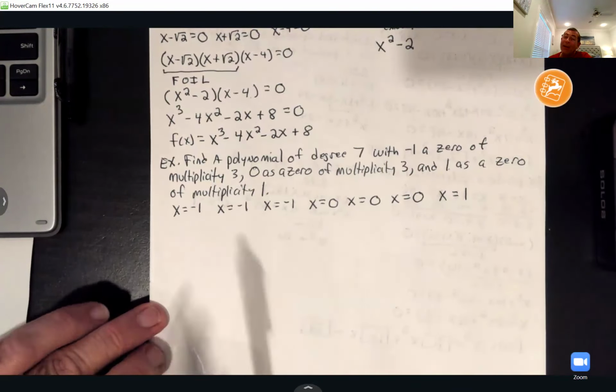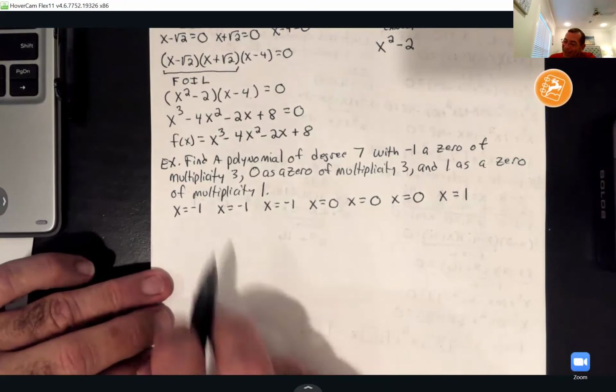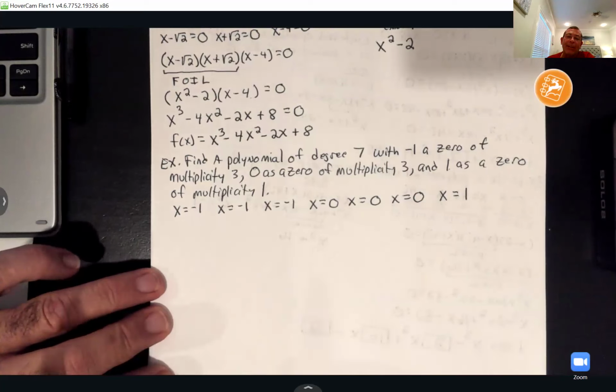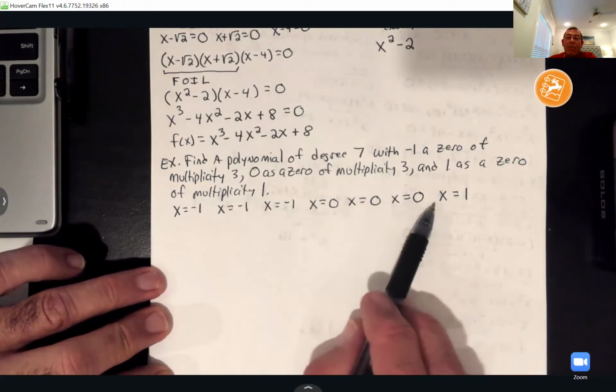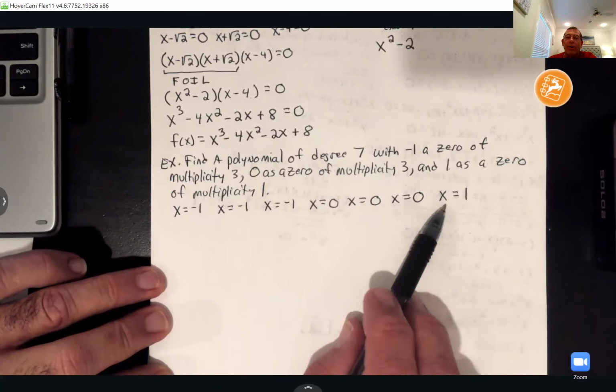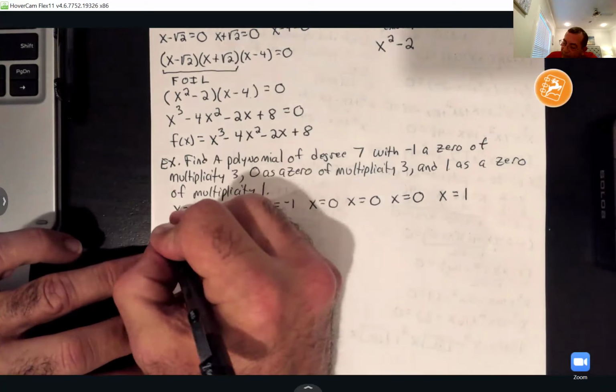Y'all realize we're about to do a lot of foiling, right? So on all of these equations, I need a 0 on the right side. But look, those 3 at least got a 0 already. So I just got to work on the other 3. So add 1 to each of these first 3.